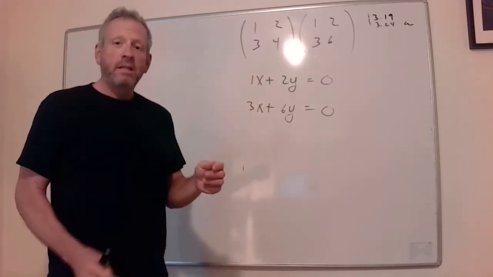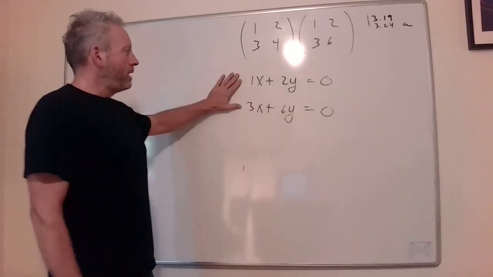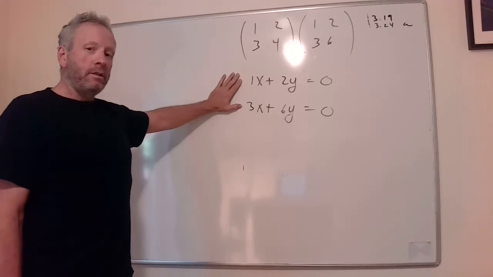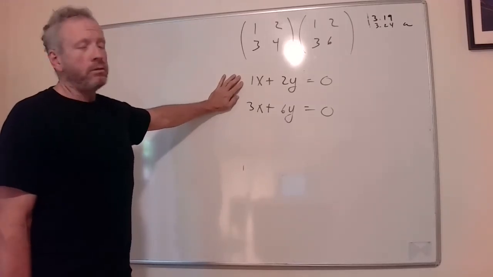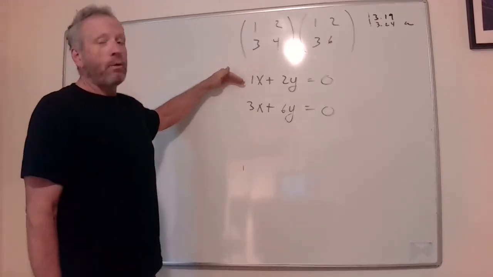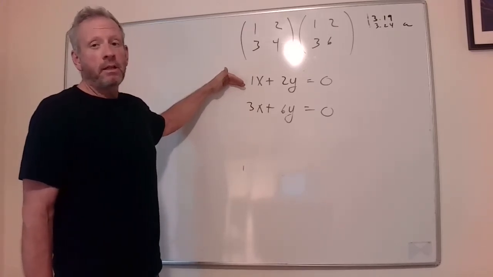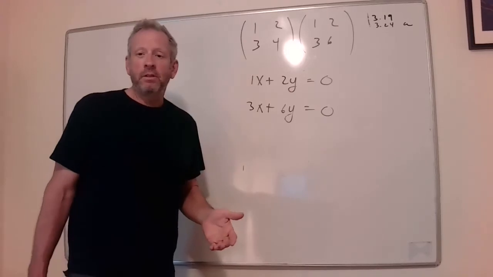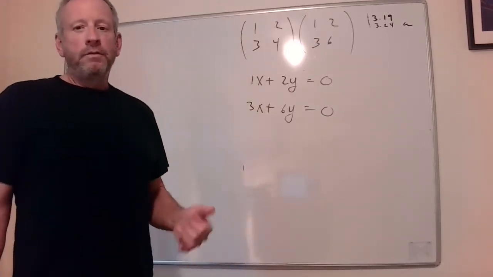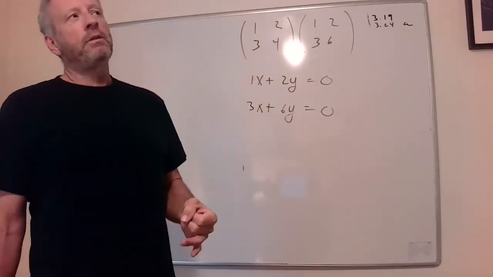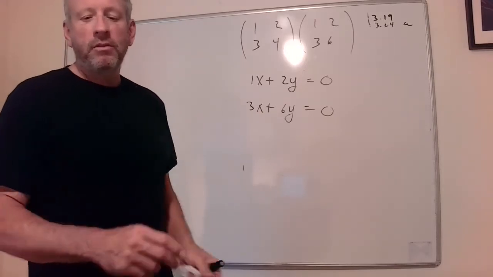Well, it means they are the same equation. So right here, we really don't have 2 equations and 2 unknowns. We have 1 equation and 1 unknown. Given the format of this equation, it's clear that this represents a straight line, and there are an infinite number of solutions. So if there's no solution or an infinite number of solutions, we'll say the matrix is singular.